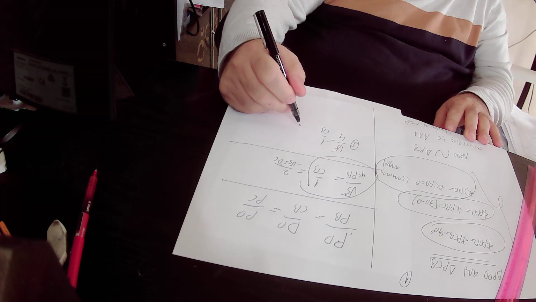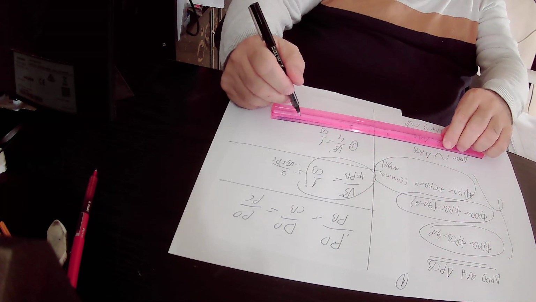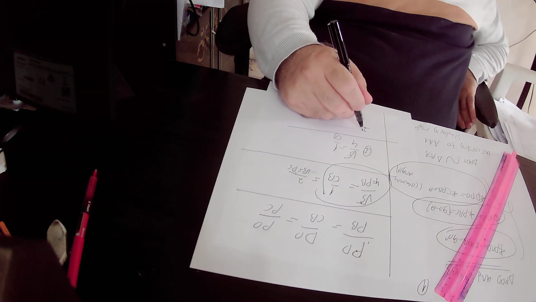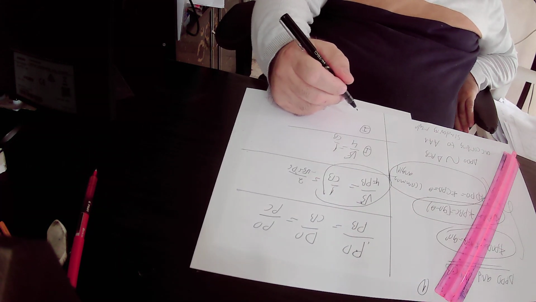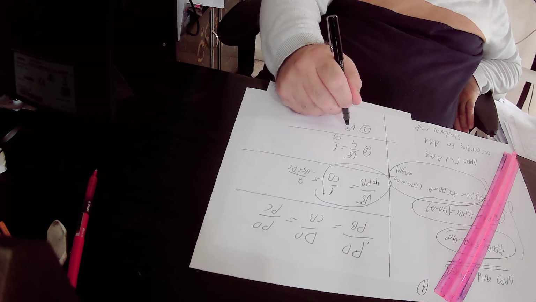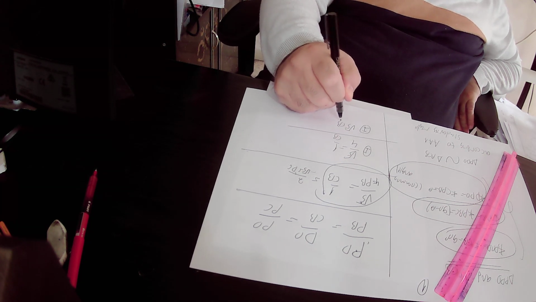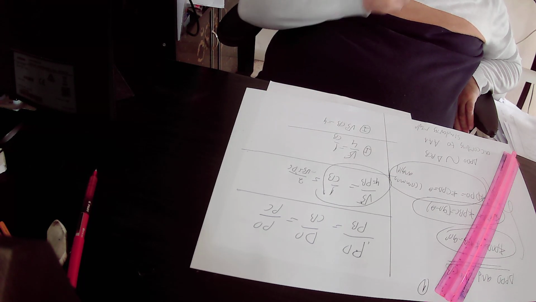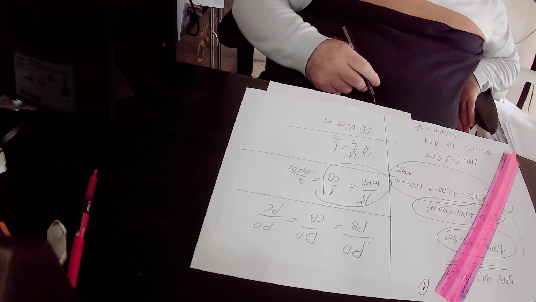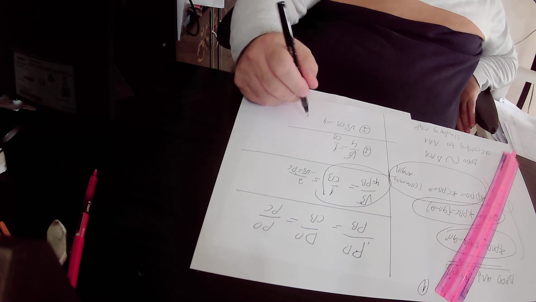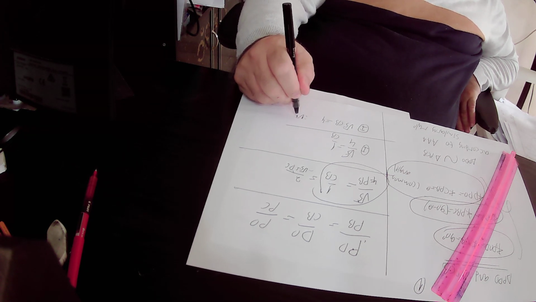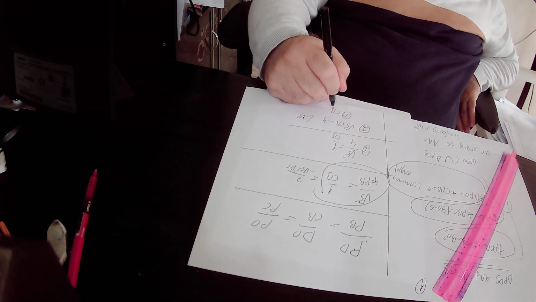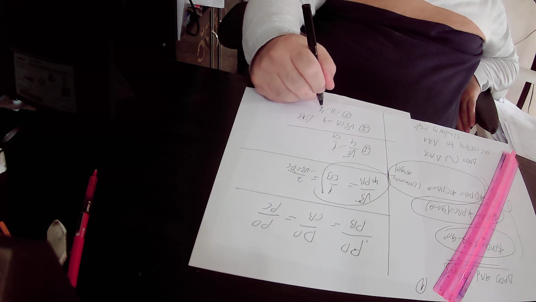Here we cross multiply this equation, equation number 1, and we'll get that square root of 5 times CB equals 4. We will divide this equation by square root of 5, and we will get that CB equals 4 over square root of 5.